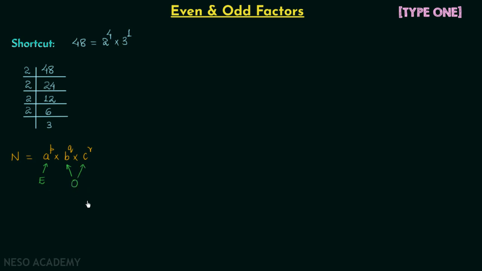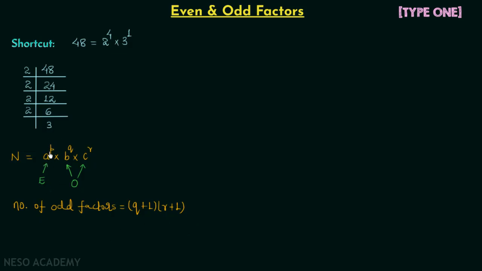Now what will be the number of even factors and the number of odd factors of this number n? The number of odd factors will be equal to q plus 1 multiplied by r plus 1. Now observe, here we have not included p.